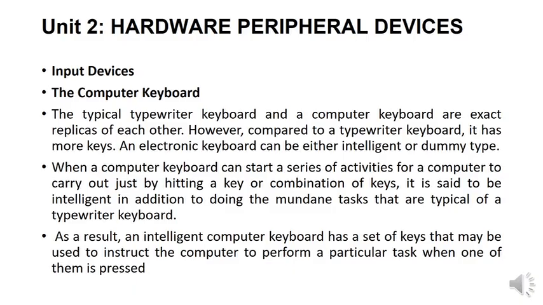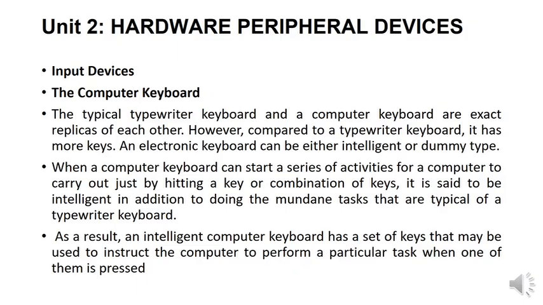As a result, an intelligent keyboard has a set of keys that may be used to instruct the computer to perform a particular task when one of them is pressed. For instance, when a key is pressed, a menu list may appear on the computer.